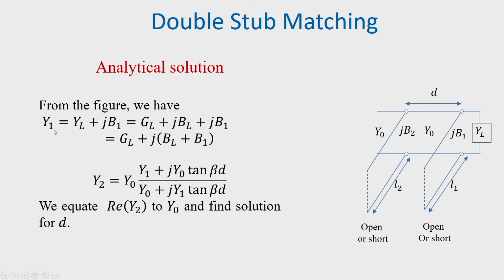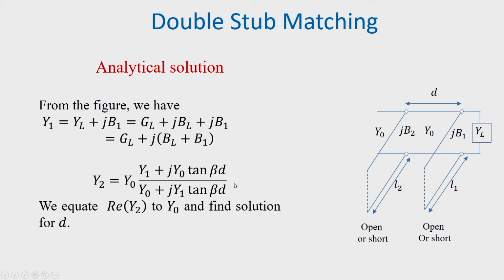So, we can write Y1, that is admittance at the location of the first stub, YL plus j B1, which can be written in this form, GL plus j (BL plus B1), and then once we transform this Y1 to the location of the second stub, we get Y2 equal to Y naught times (Y1 plus j Y naught tan beta d) divided by (Y naught plus j Y1 tan beta d).